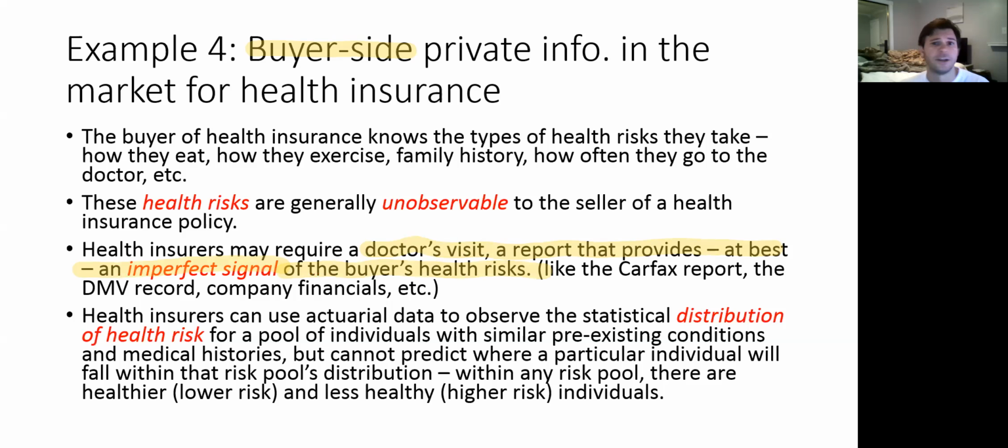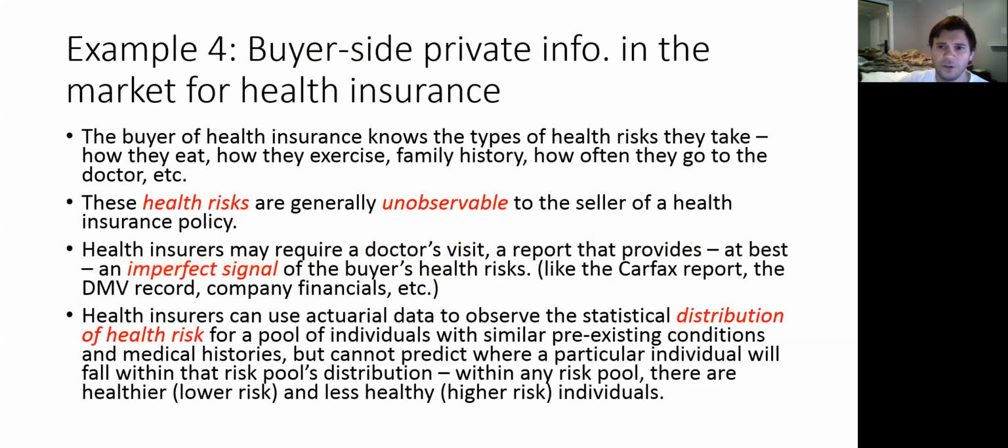We know in a given year on average how many people die from a sickness, how many sick people there are, how many healthy people there are. We know that distribution, but the problem is when somebody walks into our office to buy a health insurance policy, we do not know where that person falls on that distribution, whether they're a healthier person that's lower risk, or maybe a sicker person with a pre-existing condition that is higher risk.